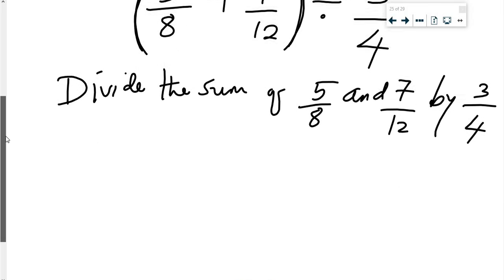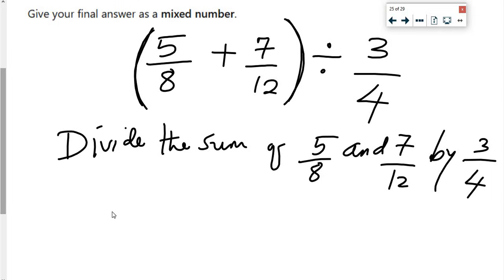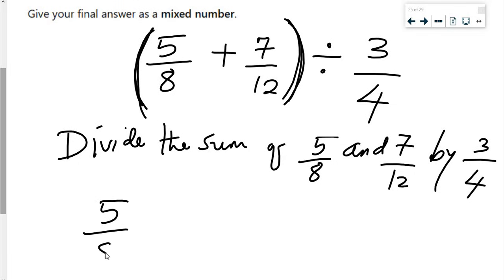So step number 1 is, I've showed you how to find the LCM for adding two fractions. So step number 1 is to start with the bracket, which is 5/8 plus 7/12. Find the LCM of the denominators, LCM of 8 and 12. LCM will be 24. So do times 3 here, times 2 here.